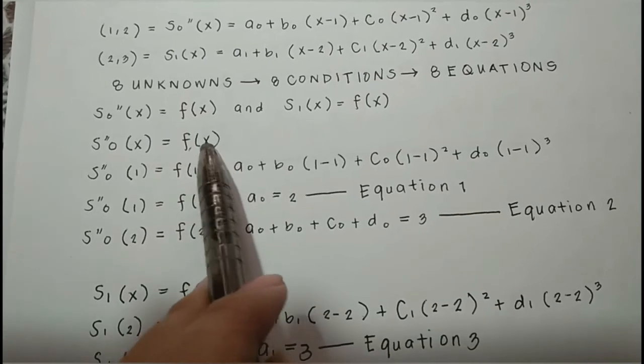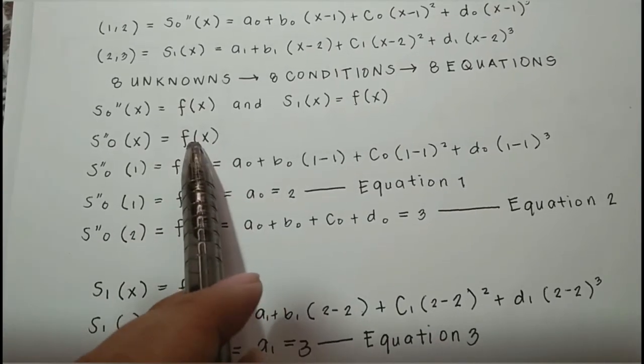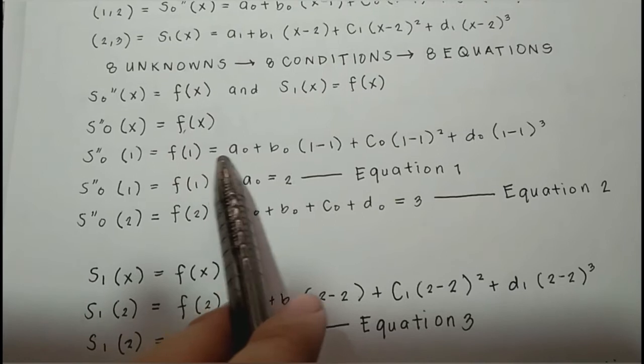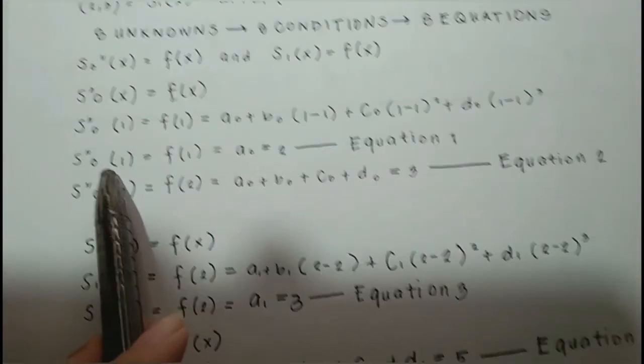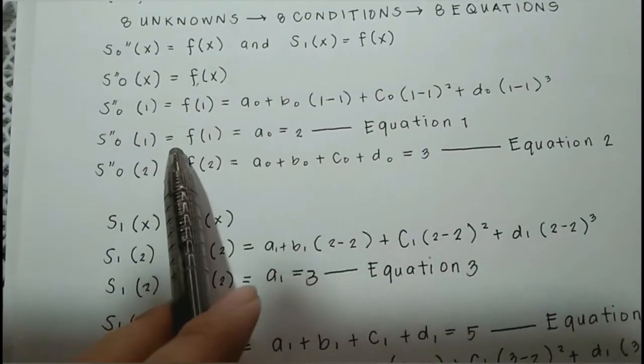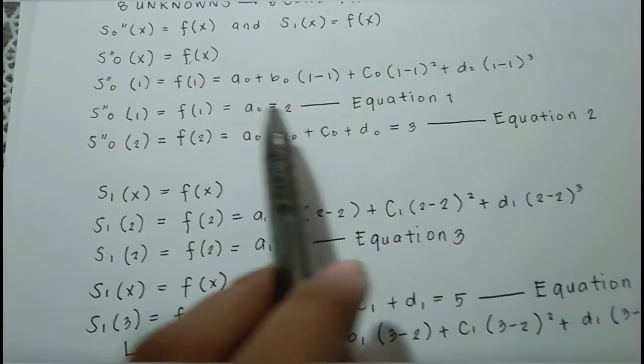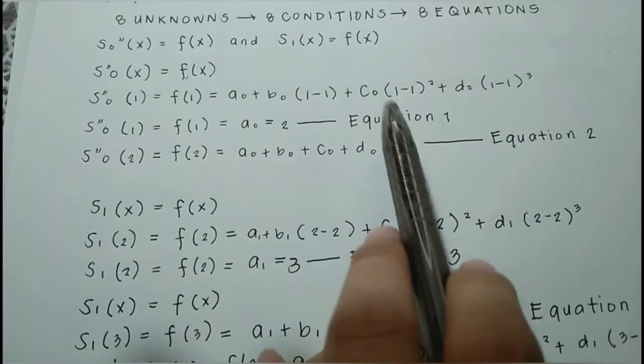So we only have to substitute x is equal to 1. So here, we can say that s node of 1 is equal to f of 1, which is a node is equal to 2. So we have the first equation.